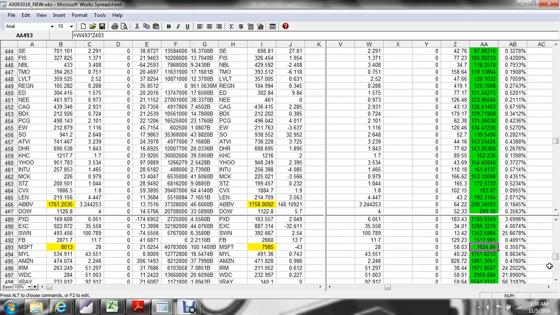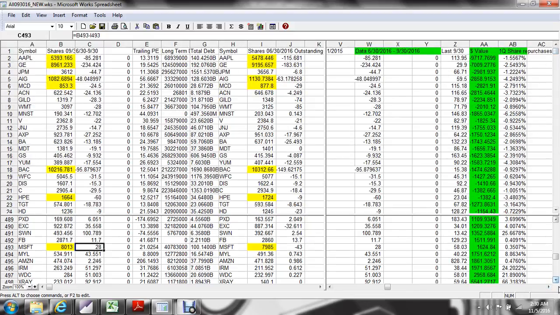Now, there might be good reasons for these increases. I didn't check into them, but it could have been they bought a company and used shares in that purchase. There could be good reasons for it, but the basic fact is that share repurchases are not necessarily reducing share counts.